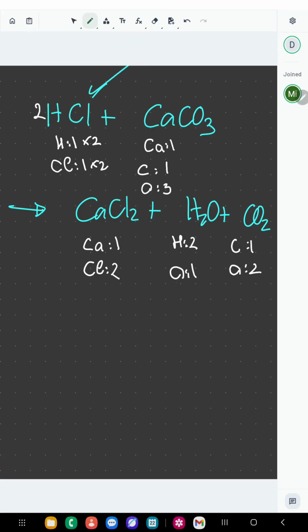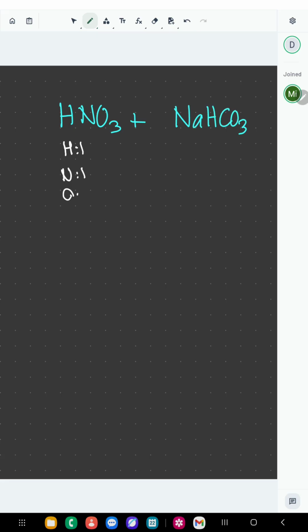Okay. Can you clear the board? Okay, so here we have HNO3. This is nitric acid, right? And then NaHCO3.